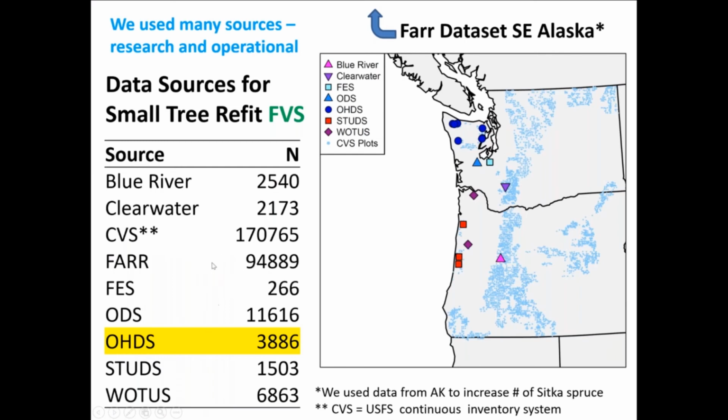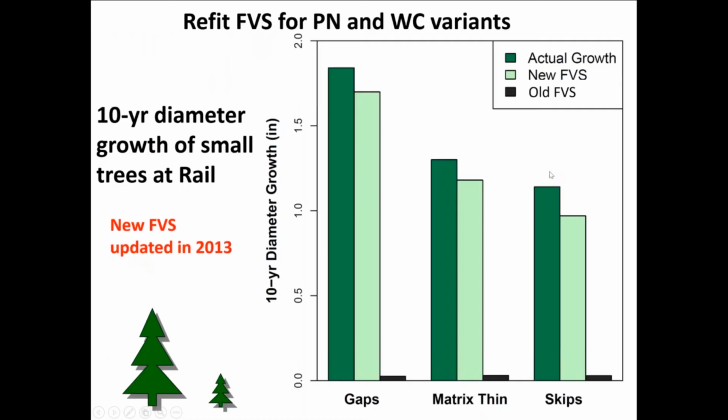Peter Gould took the lead in this several years ago, in which we pulled together data from a lot of different sites, in which we had these sites up on the Olympic Peninsula, as well as other research sites and other types of studies. But in this particular case, we were looking primarily at research studies, but then we also had this data in the background from FIA plots.